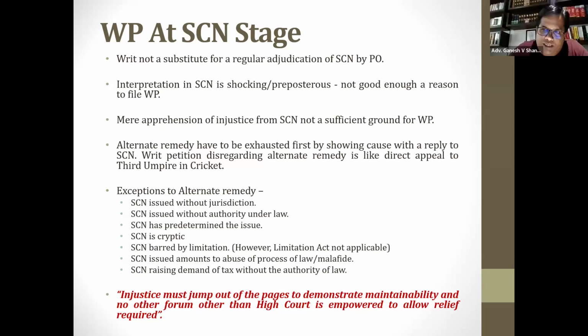If you are issued an SCN by a GST officer who is not your jurisdictional officer, madam. Somebody else from Maharashtra state, if you are doing business there, if somebody sends you a show cause notice in Bangalore, then he doesn't have jurisdiction over you. He cannot issue it. It's void ab initio, and you don't need to go to the appellate forum under the GST law.